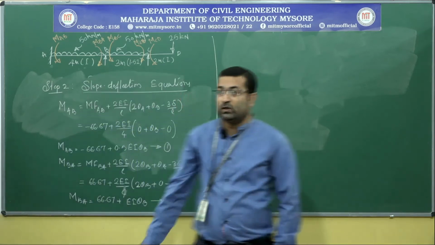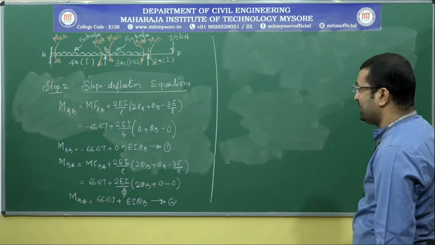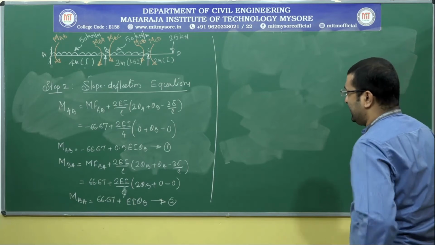So, these are the two slope deflection equations at A and B.